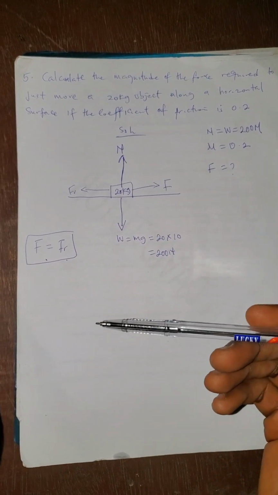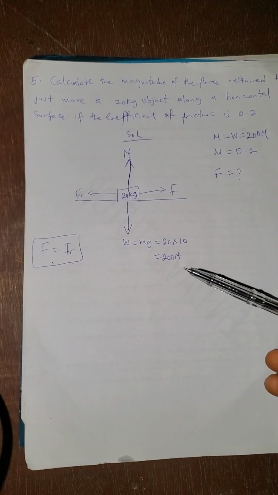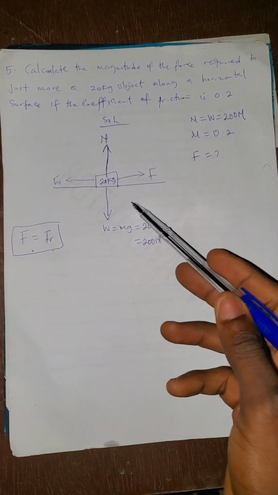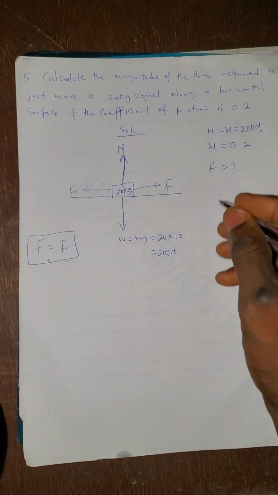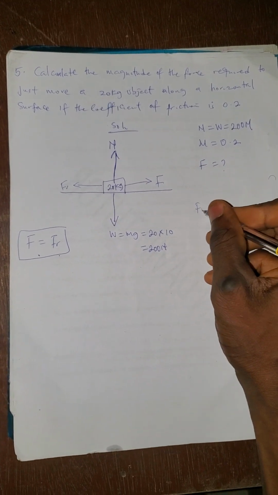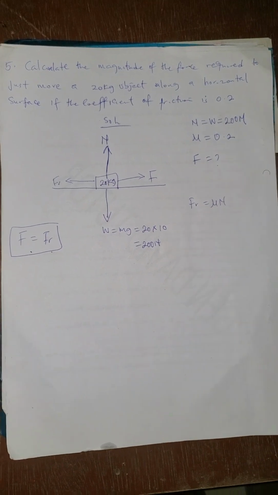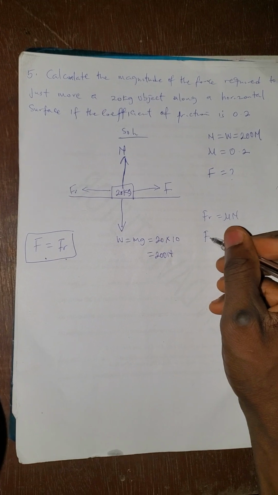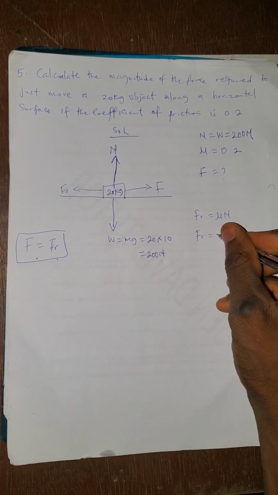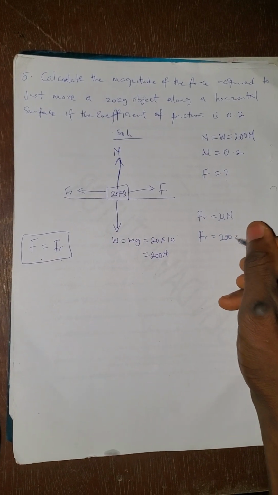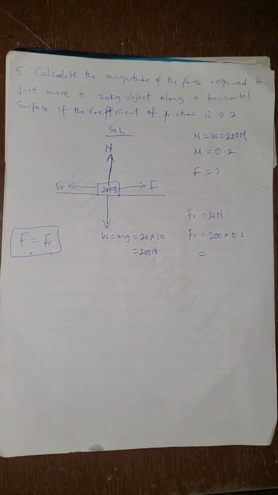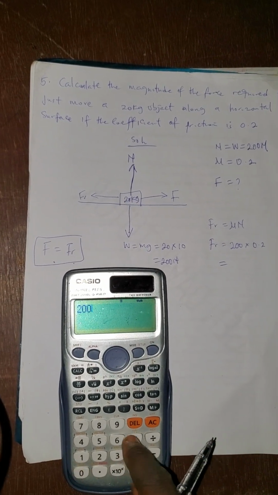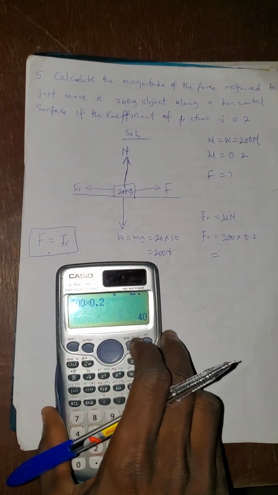Once the required force is greater than the frictional force, it will move the box easily. But here we can use the formula that says the frictional force is equal to the coefficient of friction multiplied by the normal reaction. So the frictional force is 200 multiplied by 0.2, and that's 40.